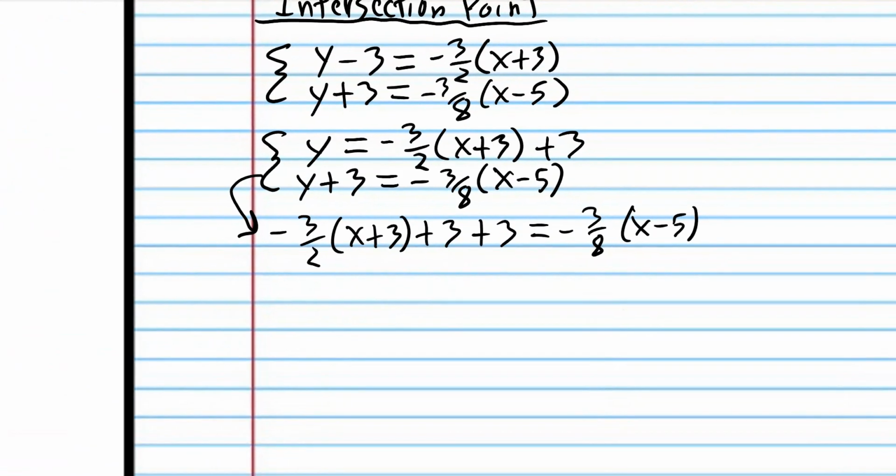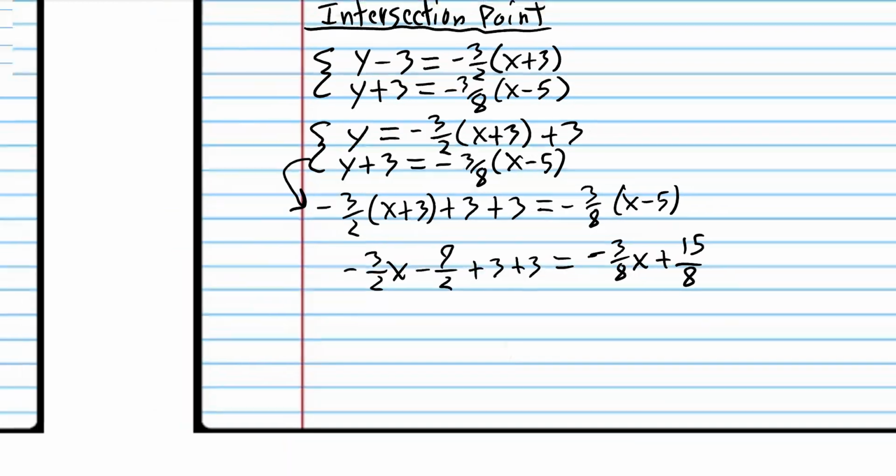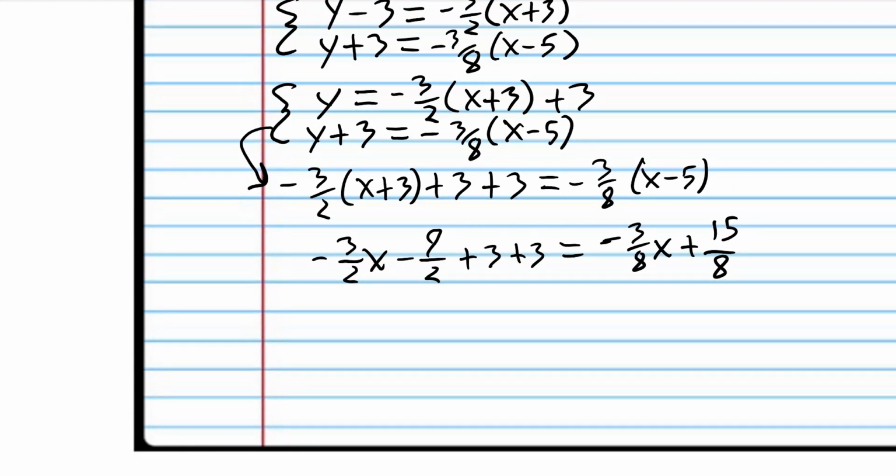And we're going to go ahead and distribute, get rid of the parentheses, so we have negative 3/2 x, and negative 3/2 times 3 is negative 9/2, and plus 3 equals negative 3/8 x, and positive 15 over 8. Now I'm just going to combine all these numbers. So that would be 3/2, it looks like.